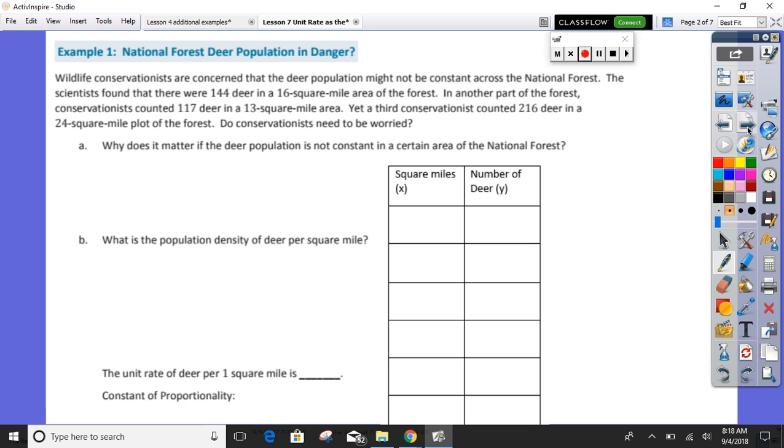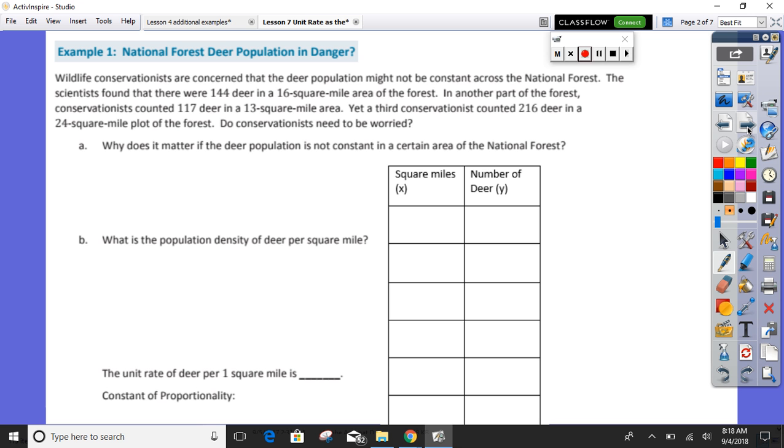In another part of the forest, conservationists counted 117 deer in a 13 square mile area. Yet a third conservationist counted 216 deer in a 24 square mile plot of the forest. Do conservationists need to be worried? So we're going to go all the way through all of these questions, A through D, and then at the end we'll be able to answer that question of whether conservationists need to be worried.